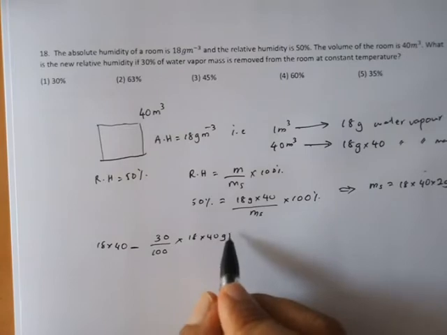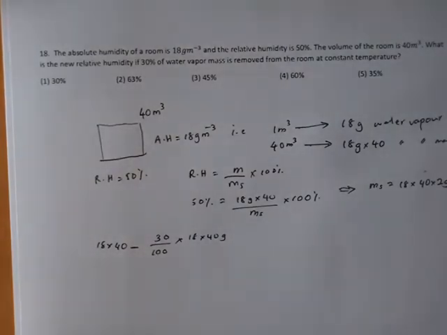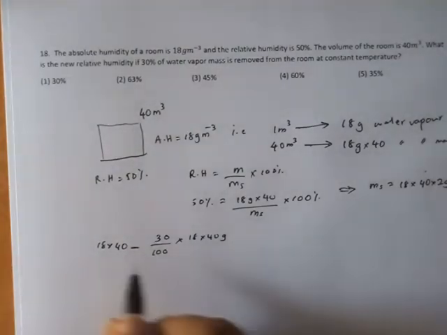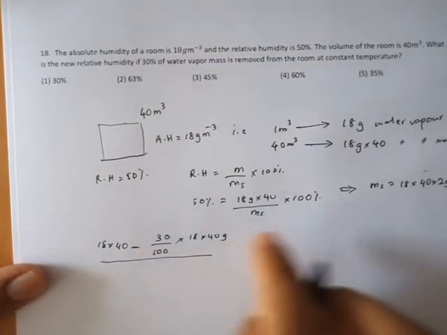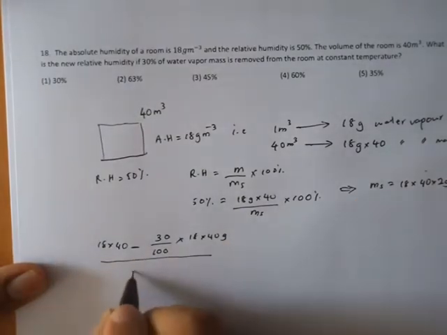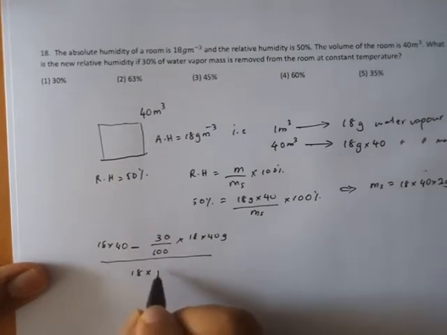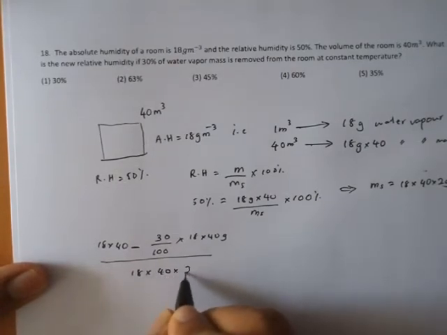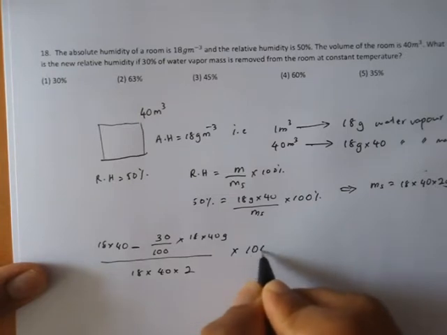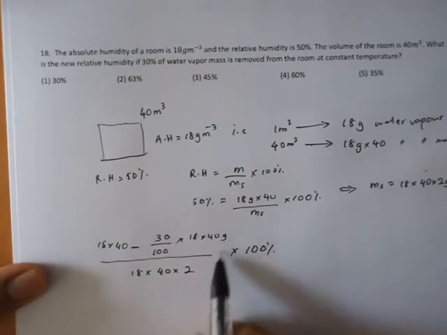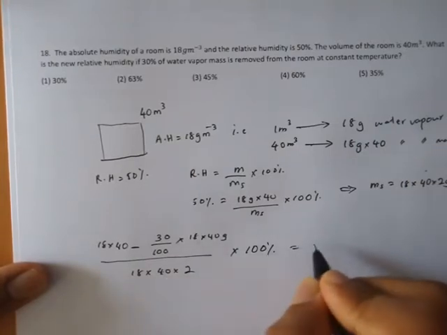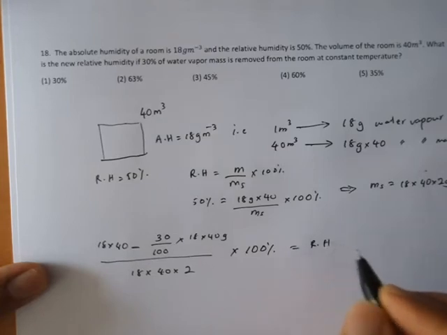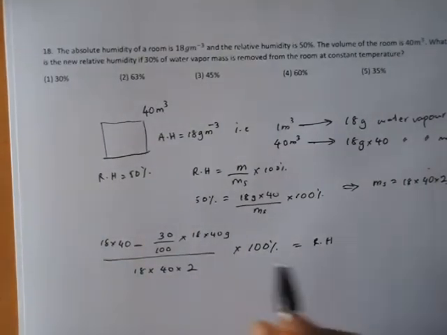So this is the remaining water vapor mass. Okay, and if I divide this by the saturated vapor mass, 18 times 40 times 2, and multiply by 100%, this water vapor mass over the saturated water vapor mass in a ratio times 100% is the relative humidity, right? Okay, so this gives the answer.